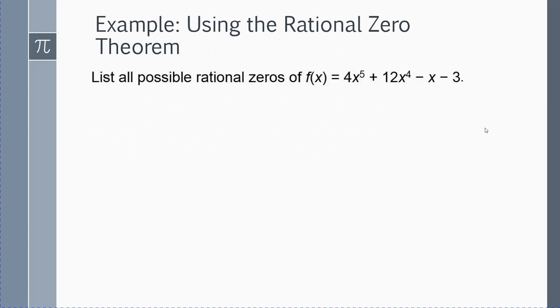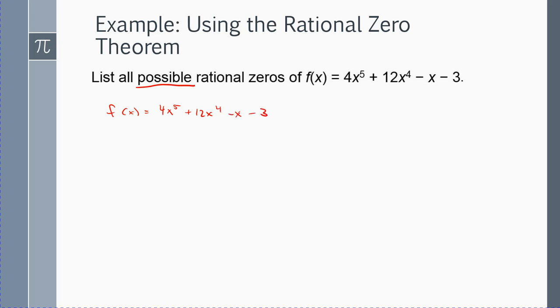Let's list all the possible rational zeros of this function. I have f of x equals 4x to the 5th plus 12x to the 4th minus x minus 3.